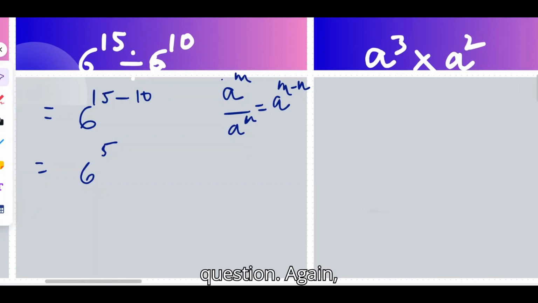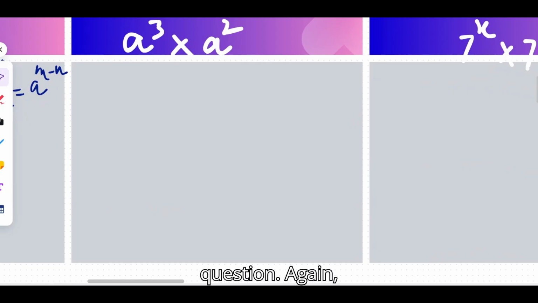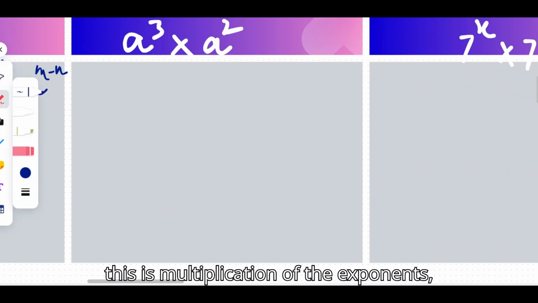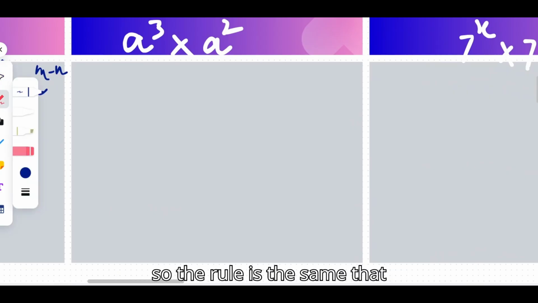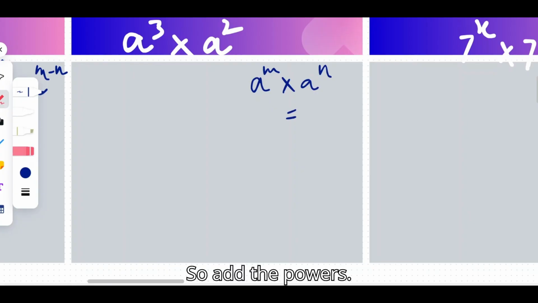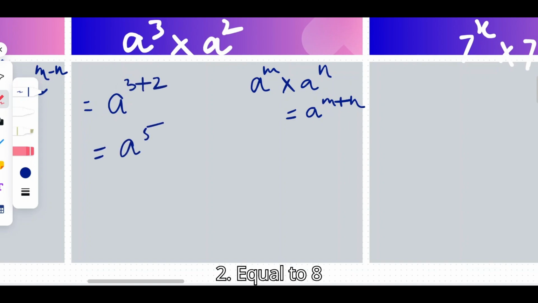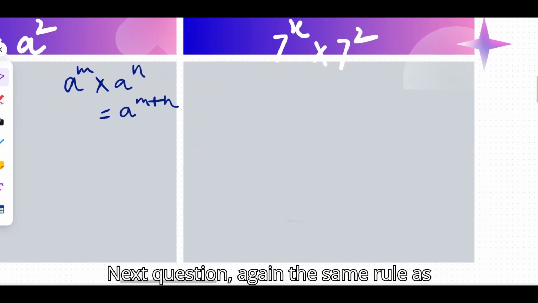Now next question. Again, this is multiplication of the exponents. So the rule is the same: if the bases are the same, add the powers. So this will be a raised to the power 3 plus 2, equal to a raised to the power 5. Next question.